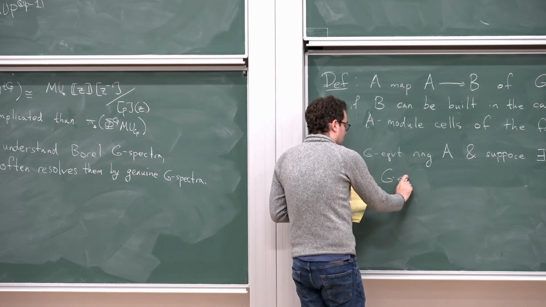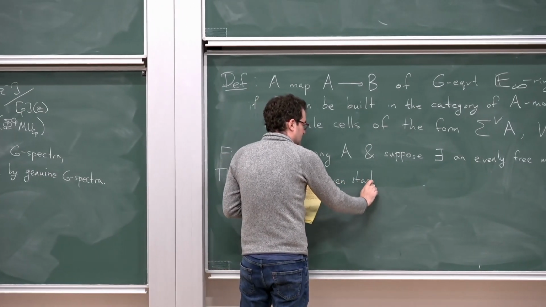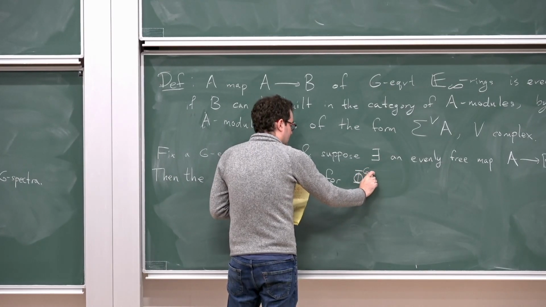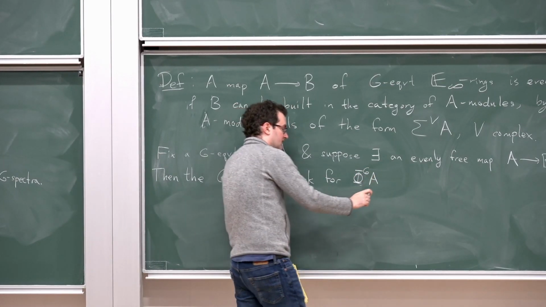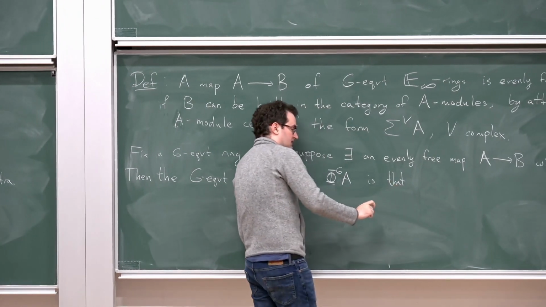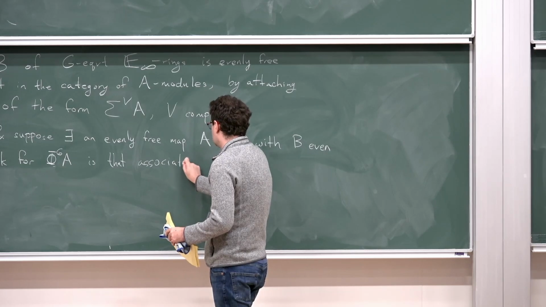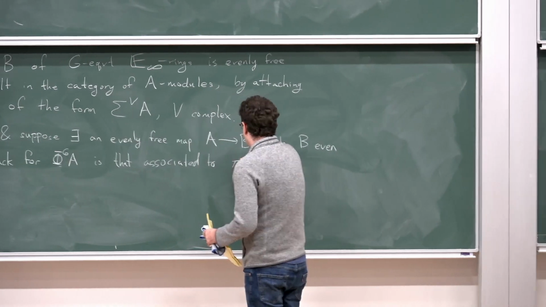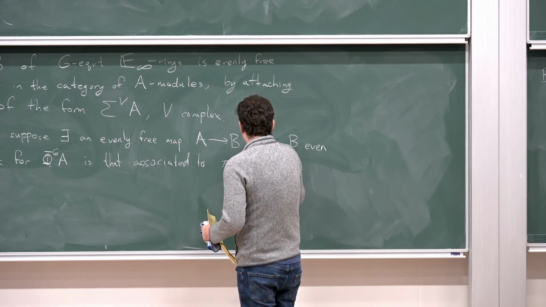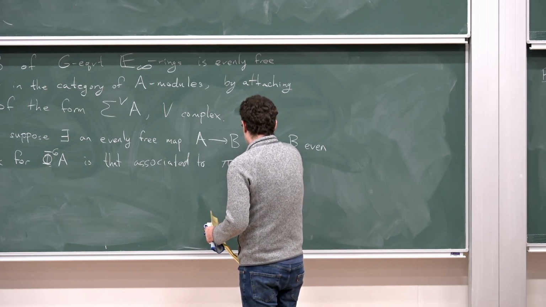G-equivariant even stack for the underlying A is that associated to π_* of B tensor over A, bullet plus 1.